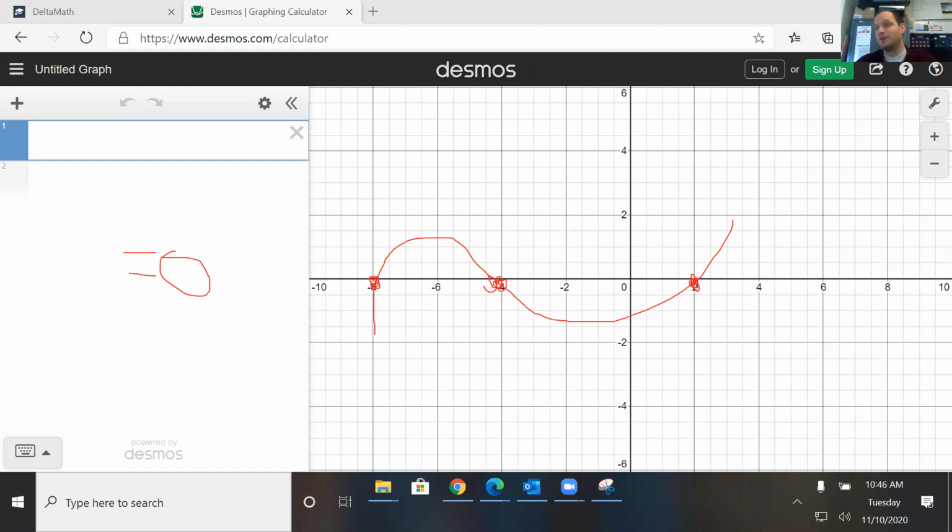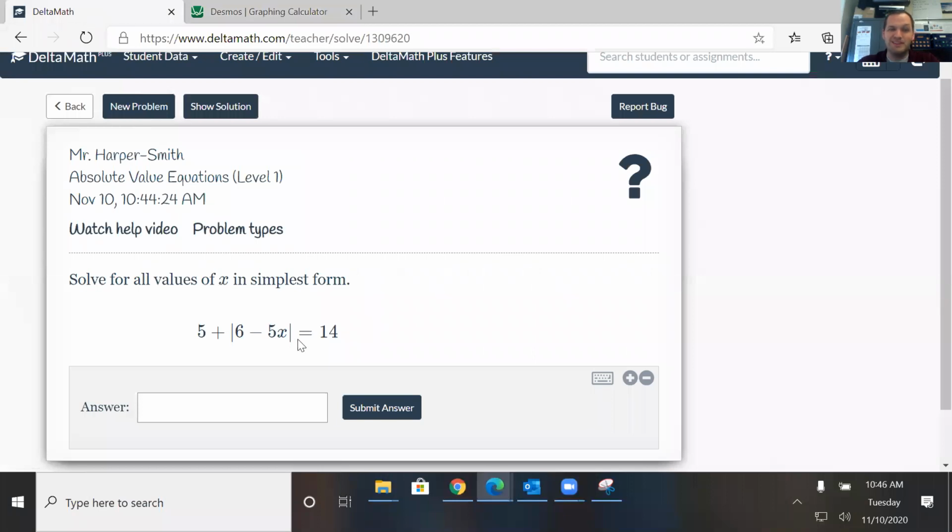If it only crosses once, right where it crosses would be my answer, all right? In order to do this, though, the whole equation has to equal 0. In this case, it doesn't equal 0, it equals 14. That doesn't help me very much.